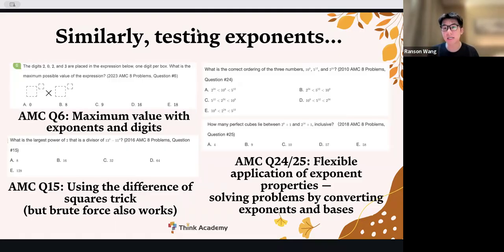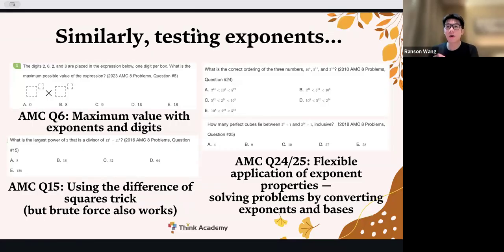For example, here is 10 to the power of 8, 5 to the power of 12, and 2 to the power of 24. You look at this, and you immediately know that in order to compare them, you either need to make the base the same or make the exponents the same, right? And here, since the bases 2, 5, and 10 are mostly prime numbers, you cannot make them the same. So you have to change the exponents to the same.